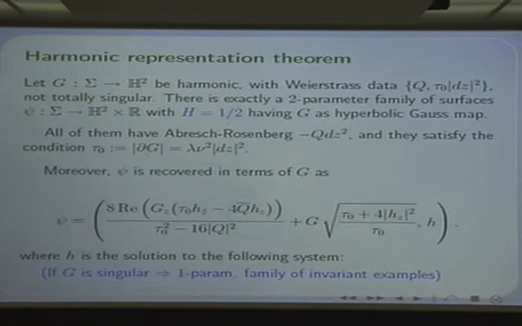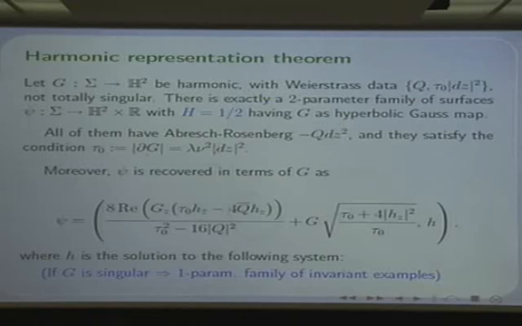Here you have a funny expression that is not very interesting, and you have here the height function. In this expression, you have 3 things involved: the Hopf differential, the tau zero metric, and the height function.